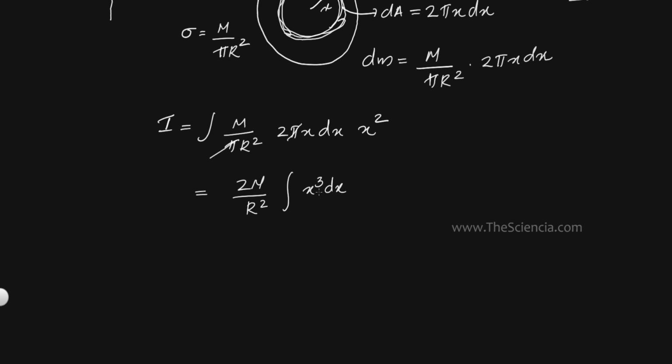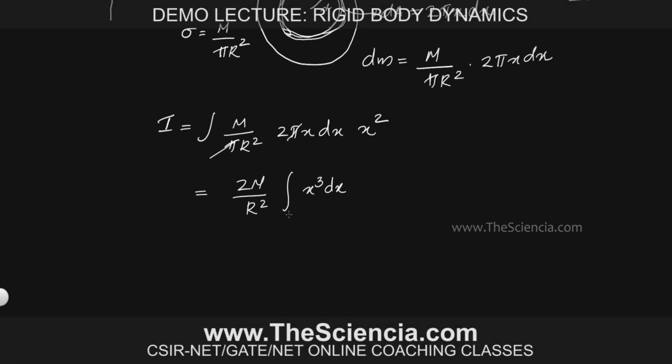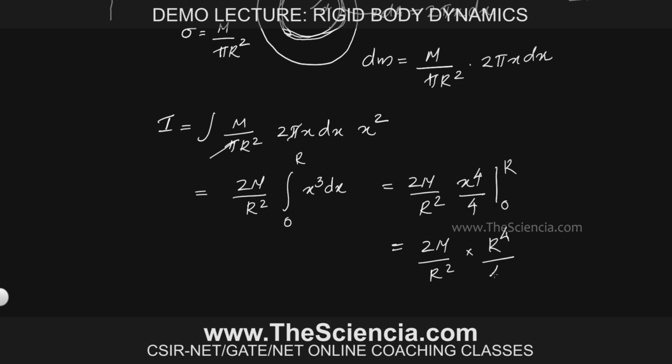So what is the limit of x? It is from 0 to capital R. R is the radius of the disk. So what we get is 2m by r square, integral of x cube is x raised to 4 by 4 and limits are 0 to r. So we get 2m by r square into r raised to 4 by 4.